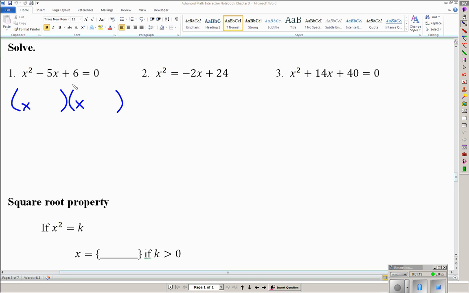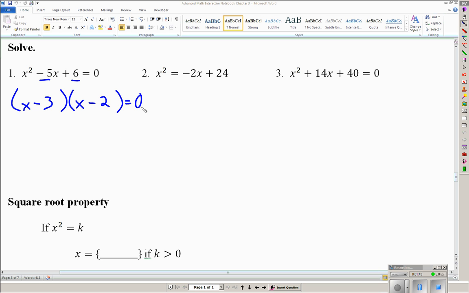And then I need to think what numbers multiply to get 6 and add to get negative 5. Since they multiply to get a positive and add to get a negative, I know they both have to be negative. And that'll be a 3 and a 2, because negative 3 times negative 2 is 6, and negative 3 plus negative 2 is negative 5.